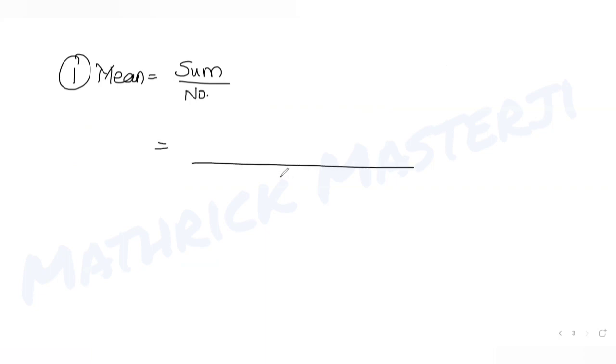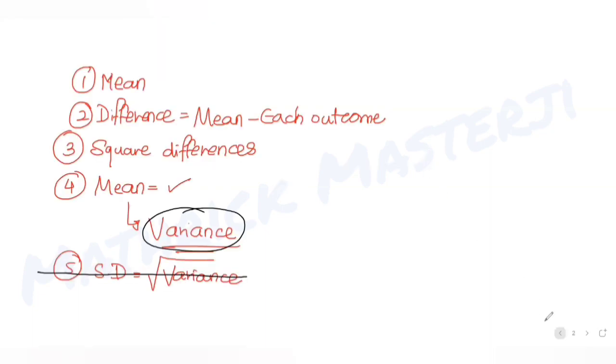So let's follow the first step and find the mean. The mean formula is basically the sum over the number of observations. We already know the number of observations is 30, and for the sum, I just need to add all of those 30 observations.